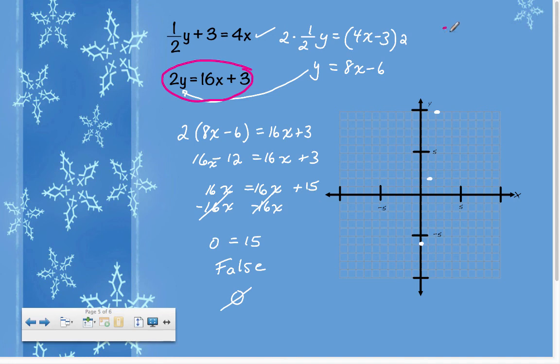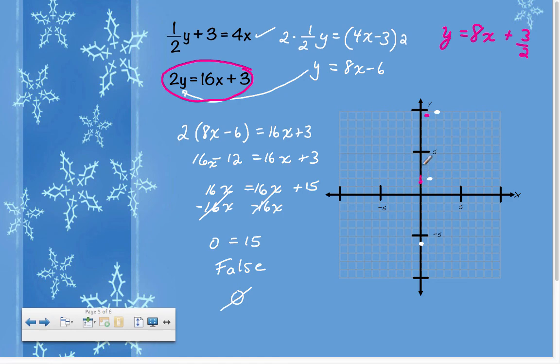Divide by 2, y equals 8x plus 3/2. So when I start at 3/2, which is 1.5 right there, and then I go up 8, which would bring me up to 9.5 over 1.